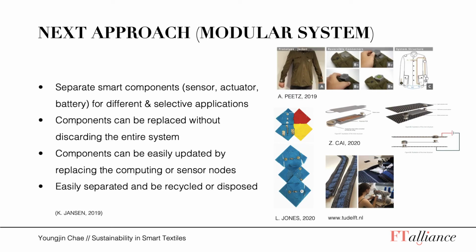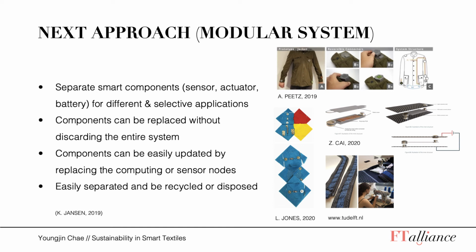Recently, a modular system has been introduced in smart textiles by subdividing the whole system into smaller parts. This makes it easier for the whole system or a new system to be modified, replaced, or exchanged with other modules, leading to improved performance, lifetime, and usability in the overall system.